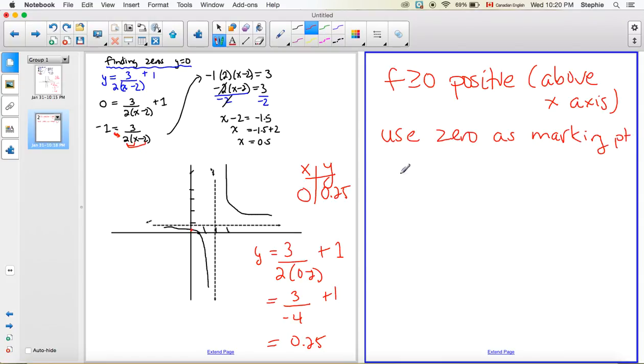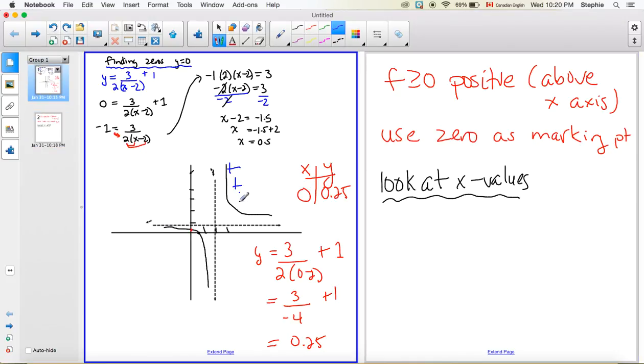So in this case, you're always going to look at the x's, by the way, for positive and negative. So you're looking at the x values. So we're going to say it's positive everywhere here. So all of this is positive, and all of this is positive, all the way up to here.